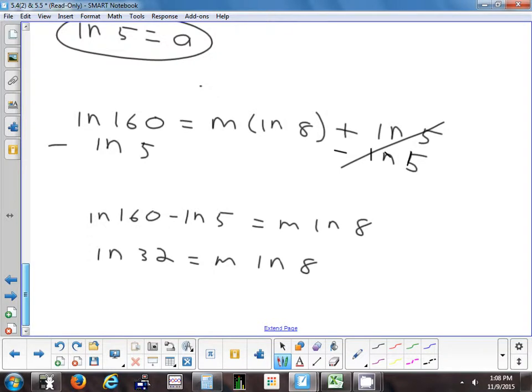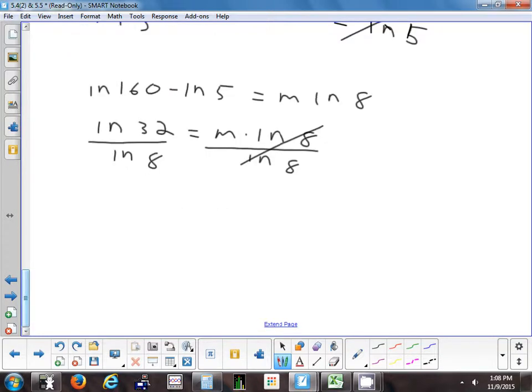Okay, and what would be my last step to get m by itself? Olivia? Divide by ln 8. Good. We're going to divide by ln of 8. So we get m equals ln of 32 divided by ln of 8.